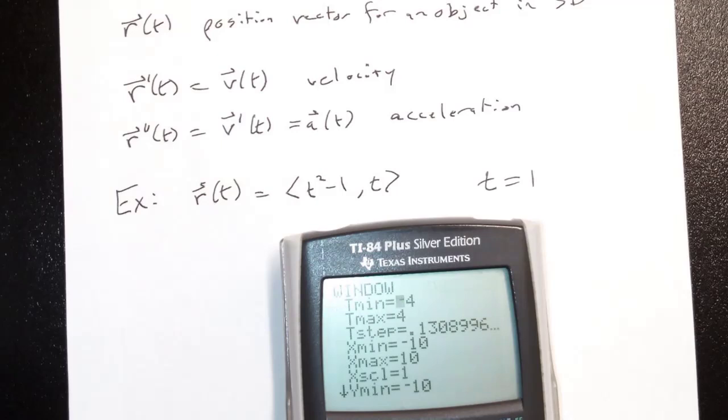If you're only using 0 to 2 pi, you're only going to see part of this graph. What's your t setting at? You're in degrees. How dare you?